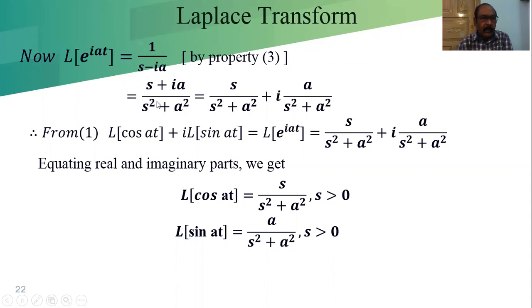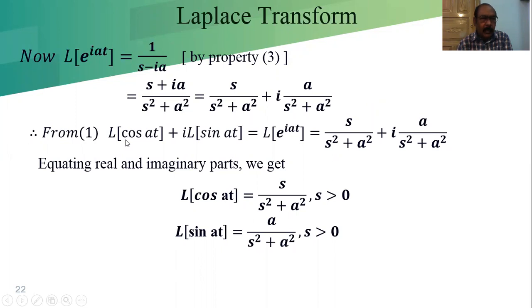In the denominator, s square plus a square, and the numerator is s plus i a. We can write this in two parts, one the real part and the other the imaginary part: s by s square plus a square plus i times a by s square plus a square. There are two parts, real and imaginary.